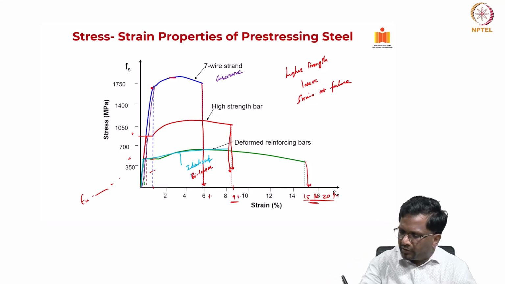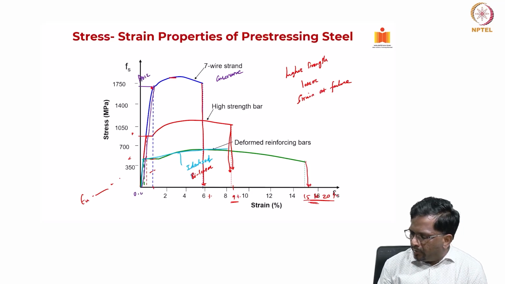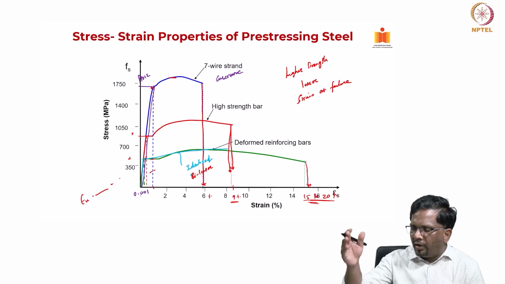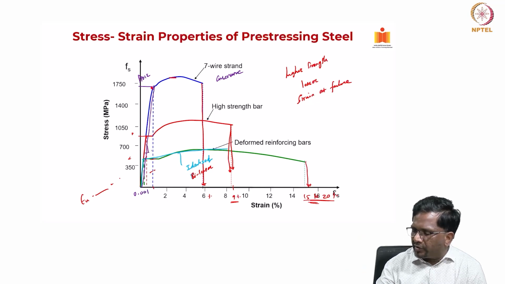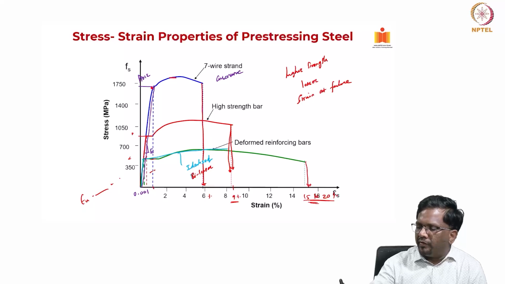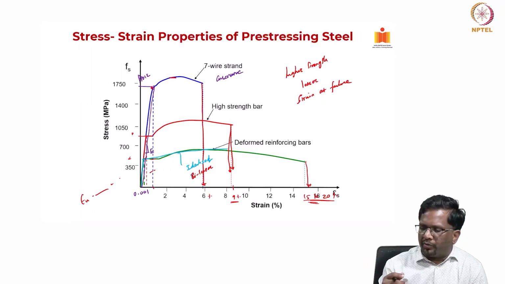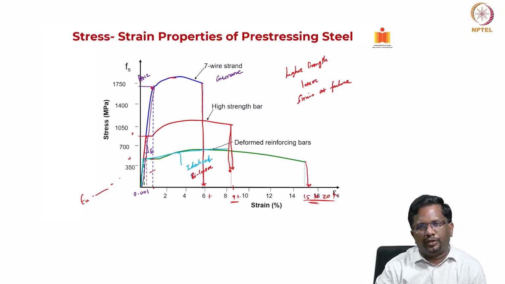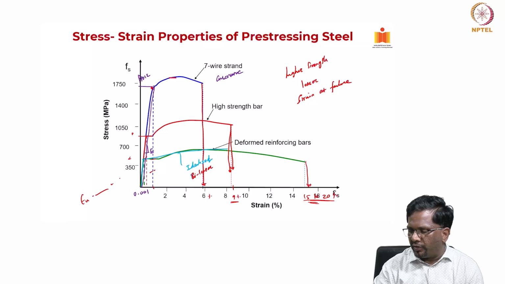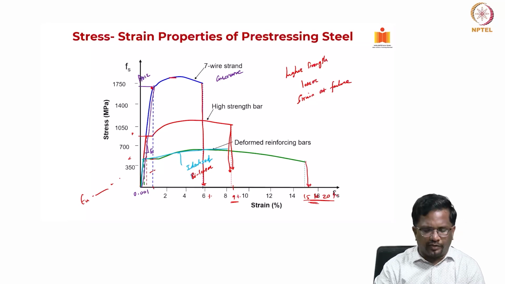Wherever this touches, that stress is called FP 0.1K. That means I take 0.001 strain, I draw a parallel line with the same elastic modulus as that of the original curve. Wherever it hits, that stress is called FP 0.1K, right? Stress corresponding to 0.1% strain, which is 0.001 in this case. So that becomes your yield stress, okay?